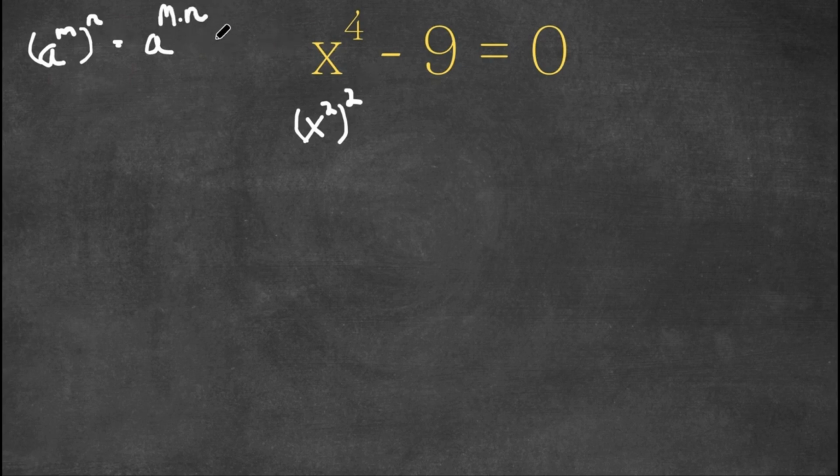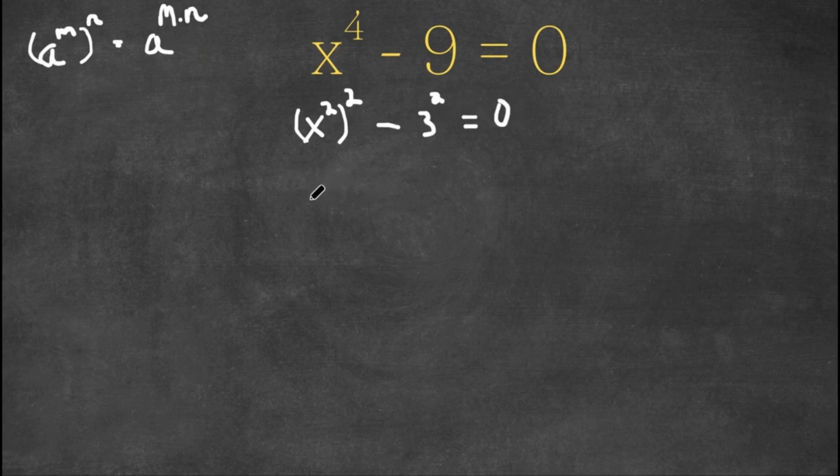So what I'm doing is simply reversing this, converting it back to its original form. So x squared to the power of 2 minus, I'm going to change 9 to 3 squared, and this is still equal to 0.